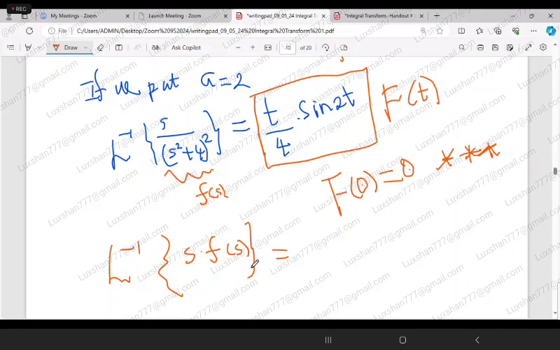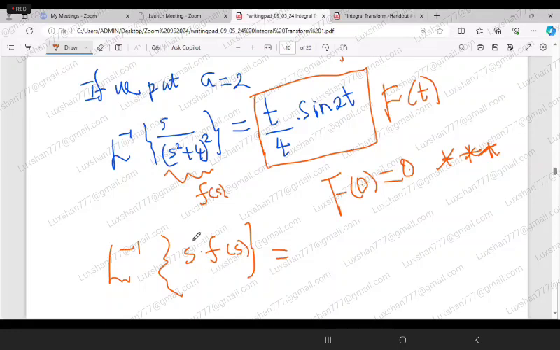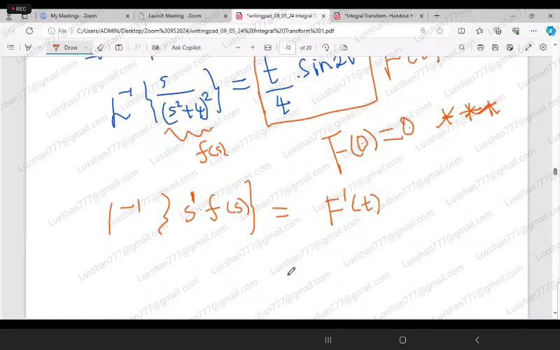So this is equal to, according to this result, the nth derivative. Because here n is equal to 1, we are multiplying by s to the power 1. Therefore, this is f dash t.